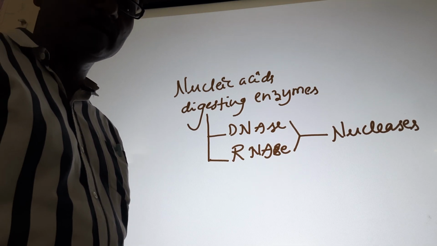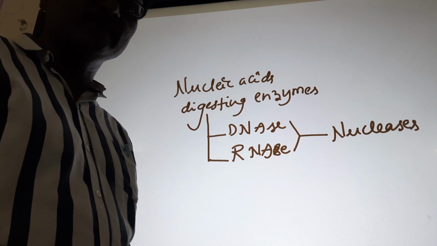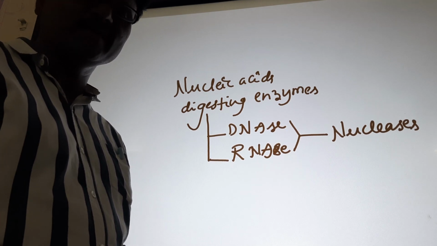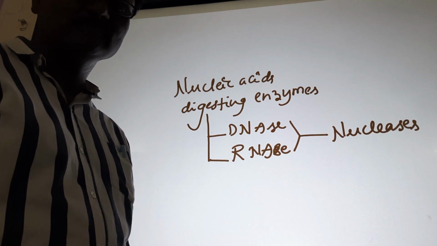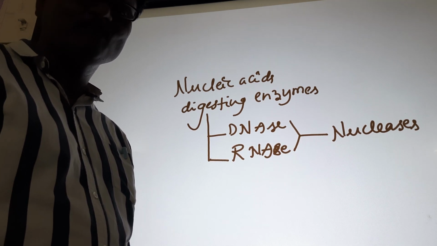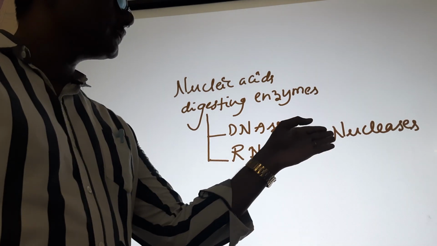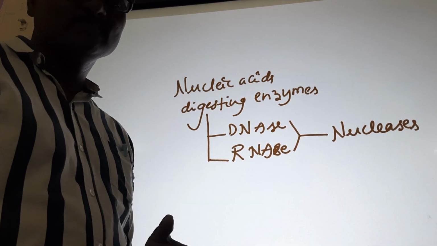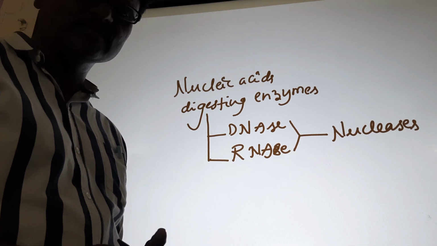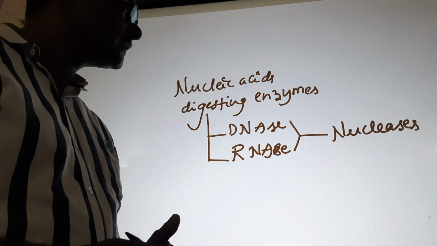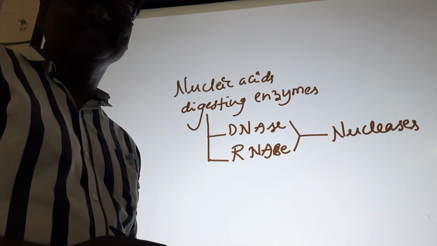And the enzymes which digest nucleic acids, DNases and RNases, are combinedly known as nucleases. Okay? Have you known that? The list of enzymes present in the pancreatic juice.